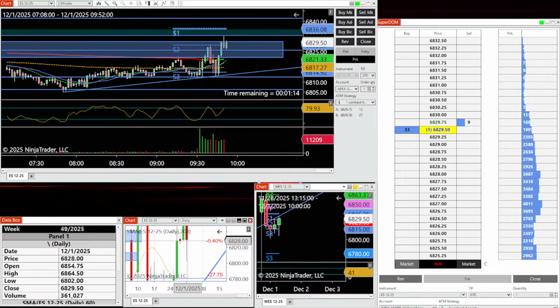Do we stay above this 28? The close on this bar is 28. The open on this was 28.50.